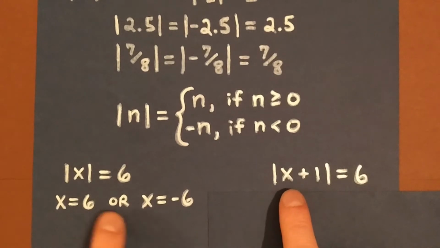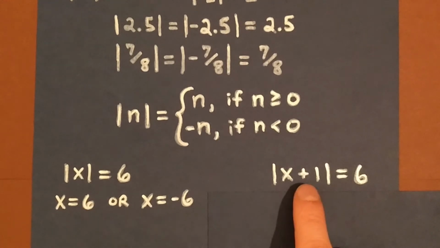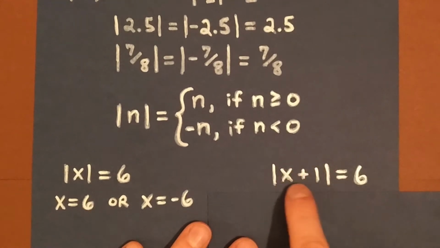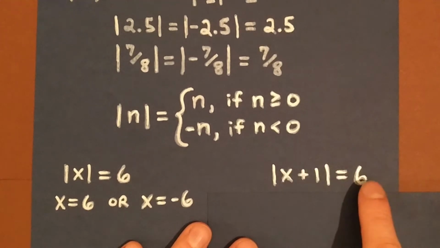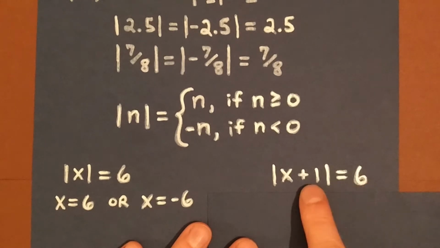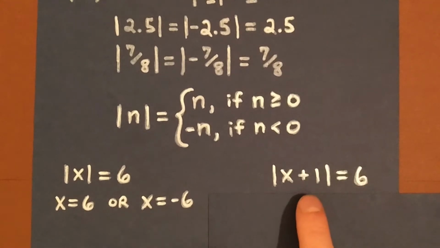Then similar to this one, we can conclude that what's inside here, this x plus 1, this expression must equal 6 or -6, because those are the numbers that have an absolute value of 6.